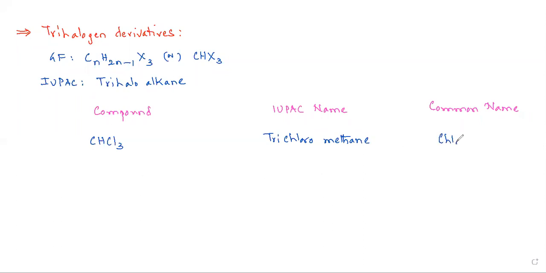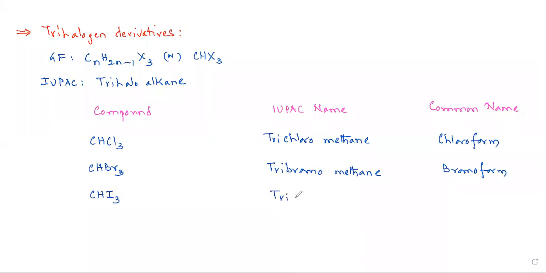The common name is chloroform. This is tribromomethane. Bromoform. Triiodomethane. Iodoform. Okay.